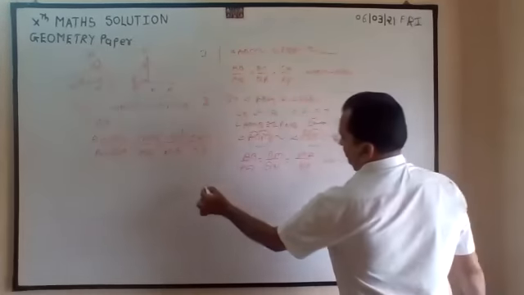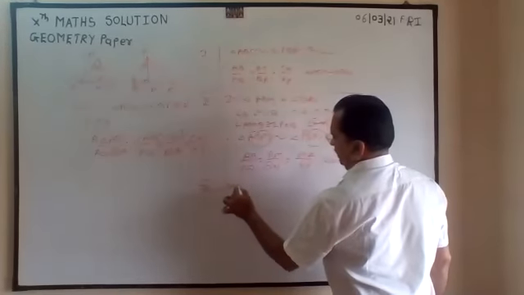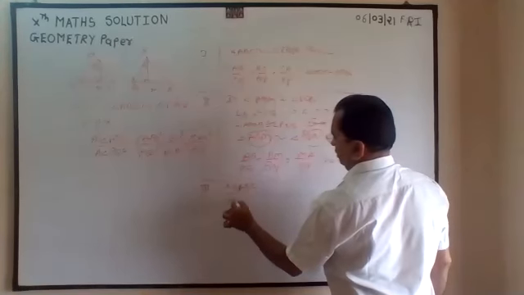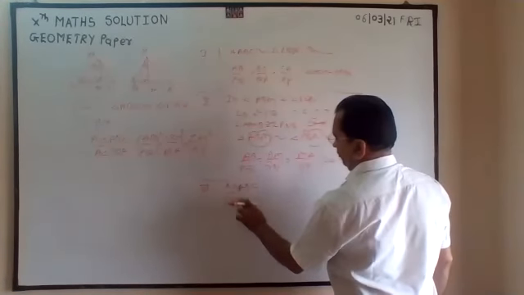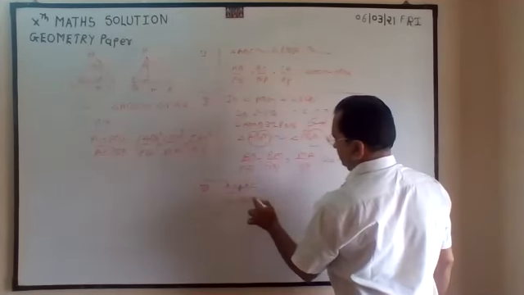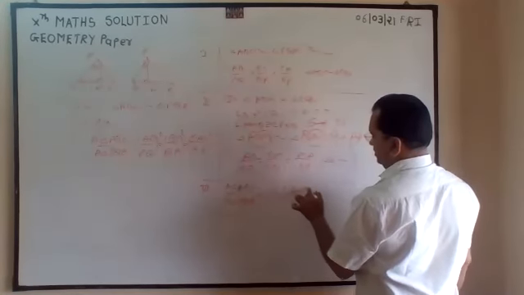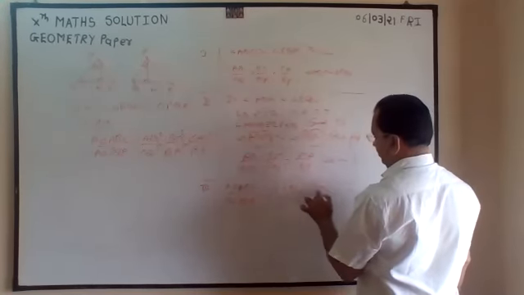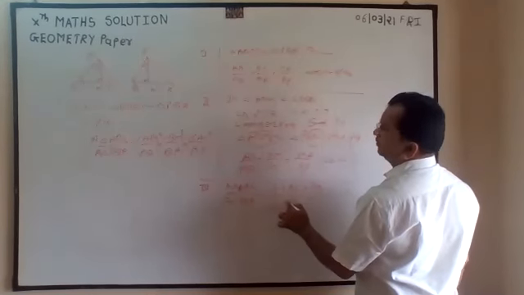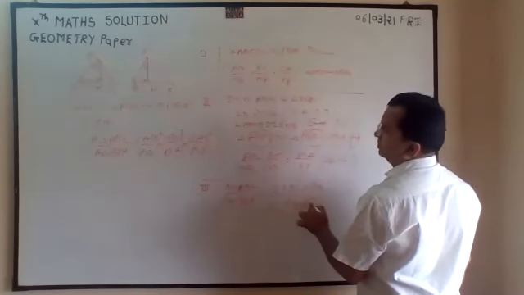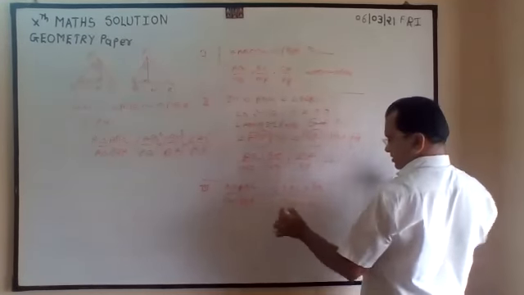Now come to the point. We want area of triangle ABC and area of triangle PQR. That is half base BC, height AM, over half QR, PN.